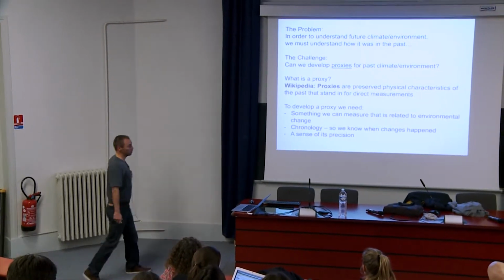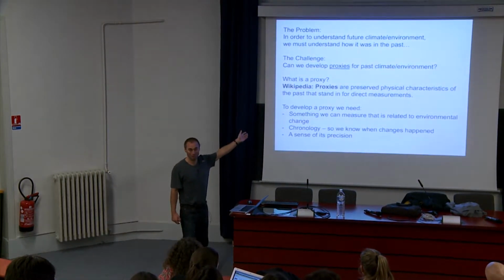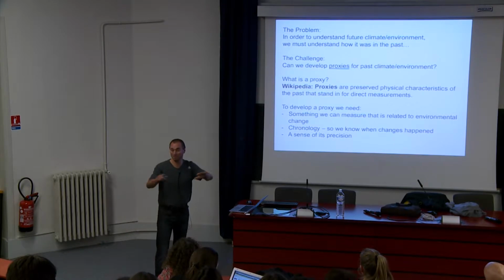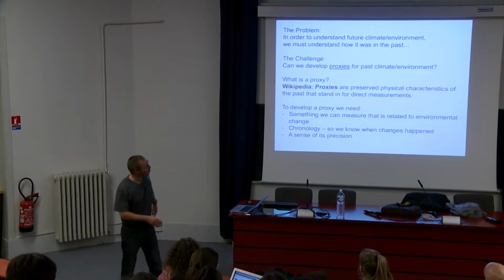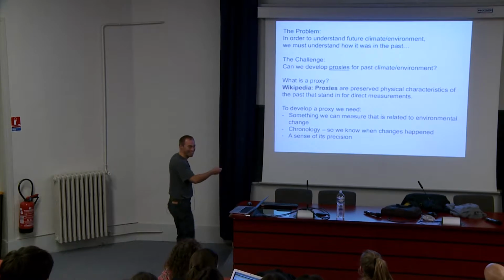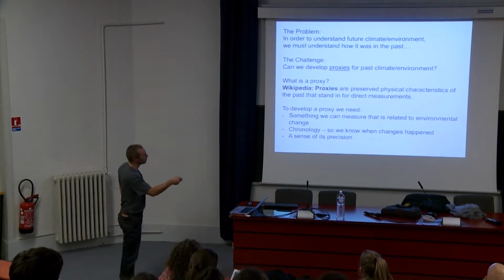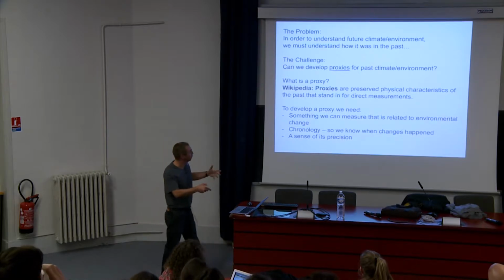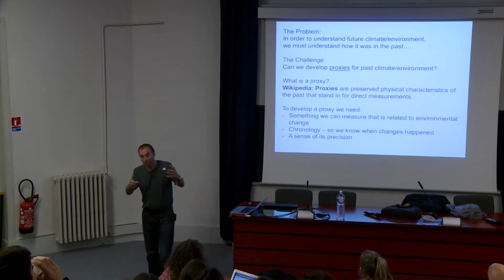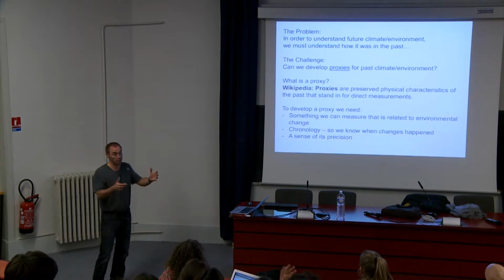And so, what is a proxy? You go to Wikipedia, of course, the first place you go, and you see that proxies are something that we can measure that is related to, for example, climatic variations.